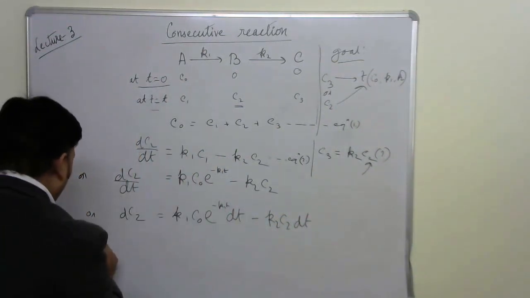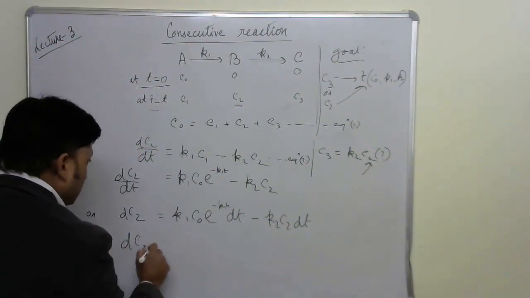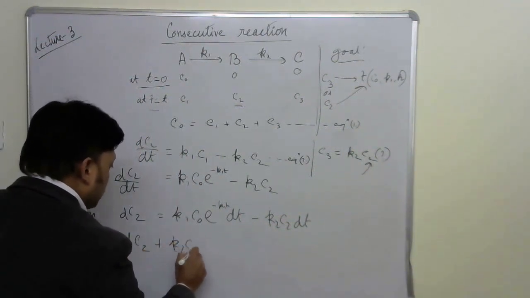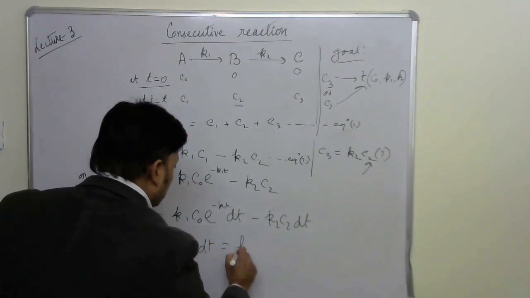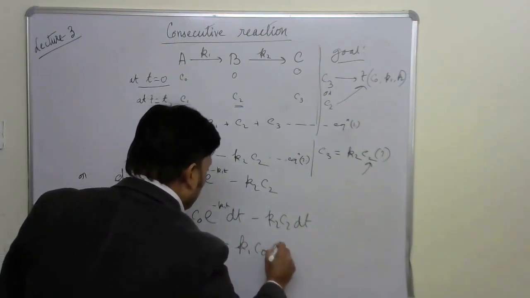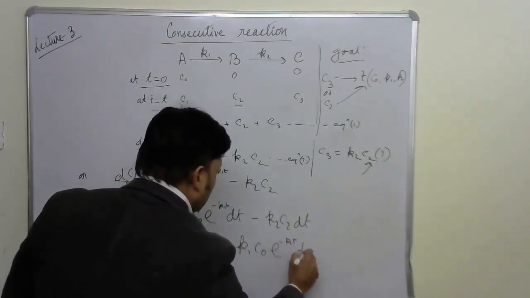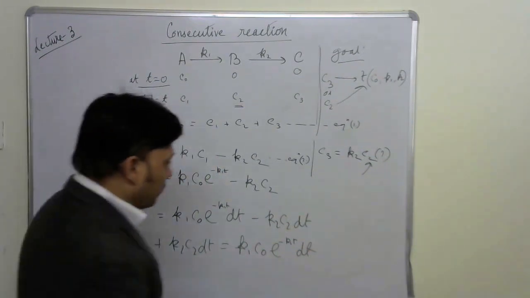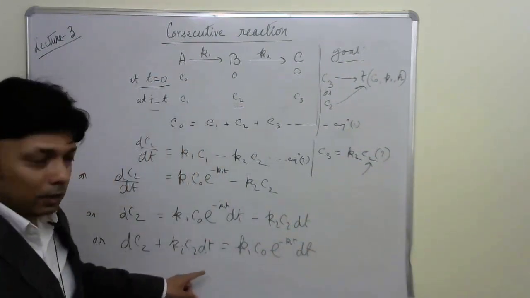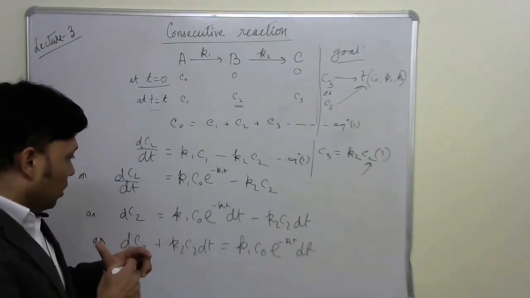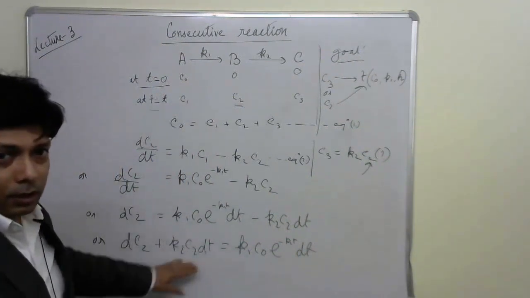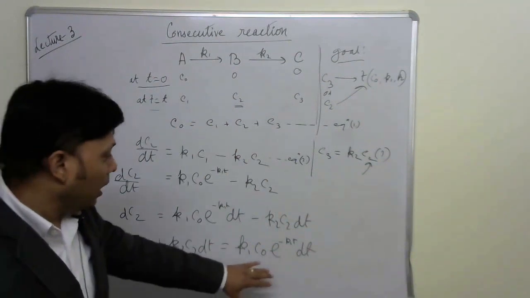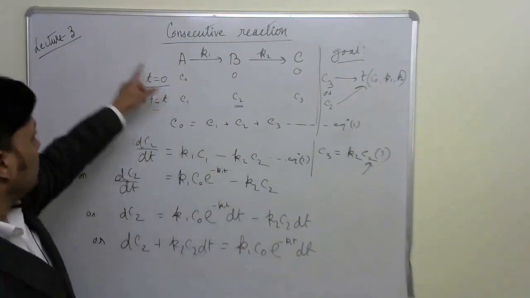Or we can rearrange: dC2 plus K2 C2 dt is equal to K1 C naught e to the power minus K1t dt. All right. So the question is how to integrate this equation. Okay. So we clean that part and we start the equation right from here.